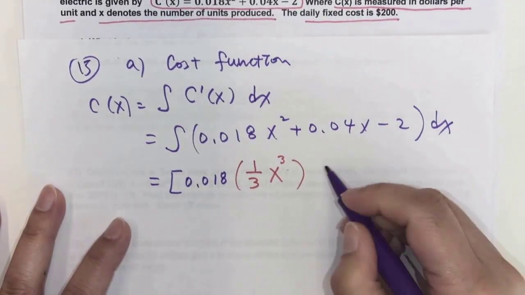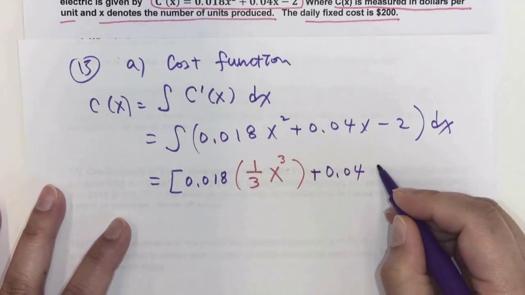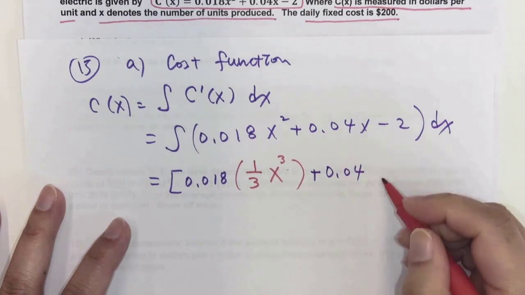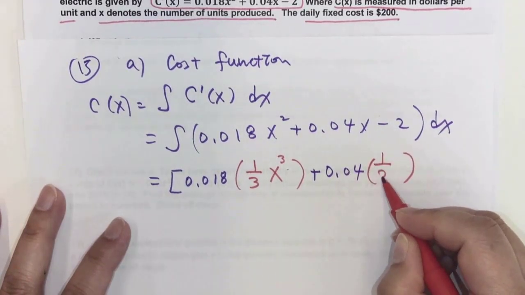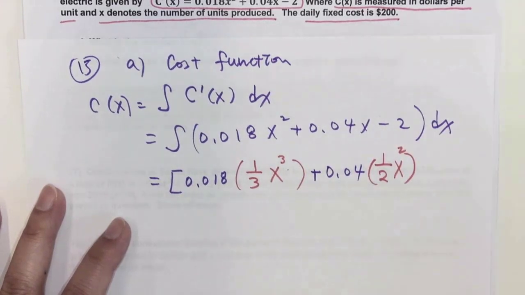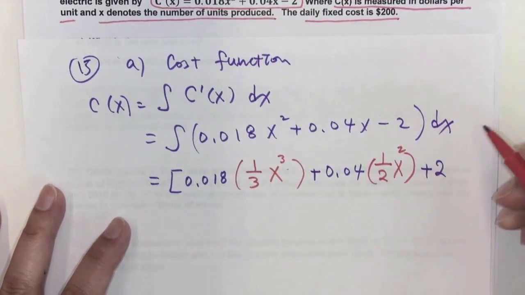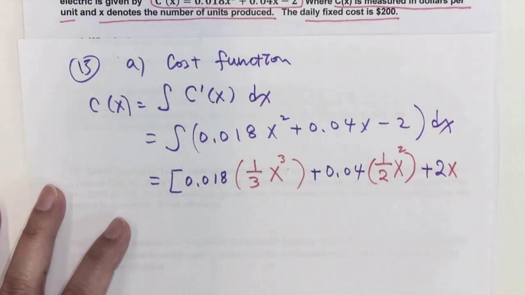And then the second term will be the number hanging there, 0.04, and then this will multiply by 1 over 2, x raised to 2, and the number will become 2x. Do I need a C for this? I do.